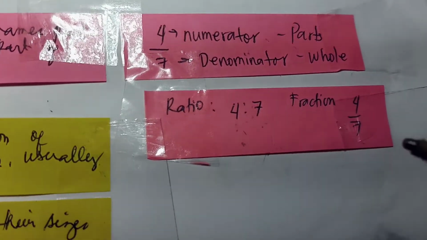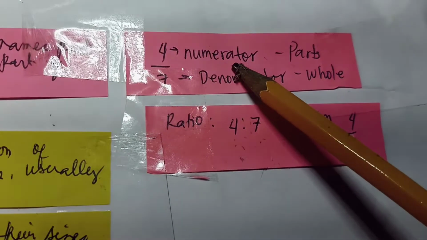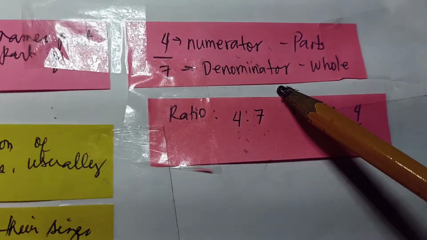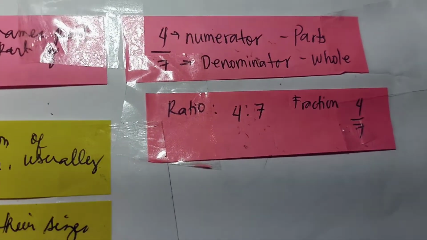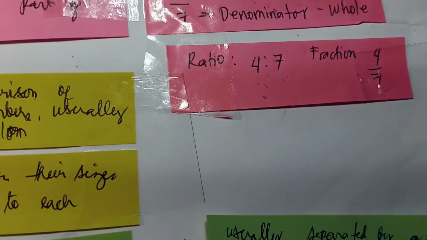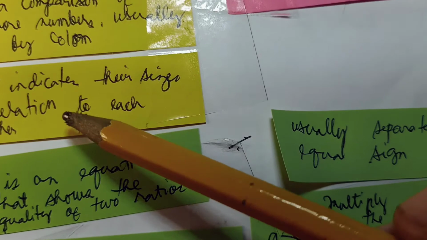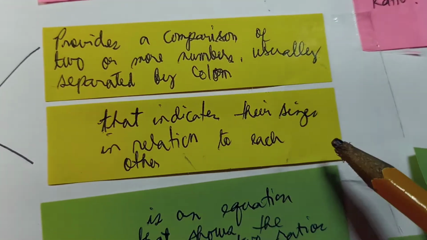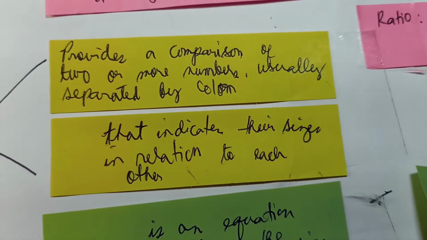You are comparing two numbers, while the fraction has a numerator and denominator that tell about the part, and the denominator as the whole, the total number. The ratio also indicates their sizes, their size in relation to each other.